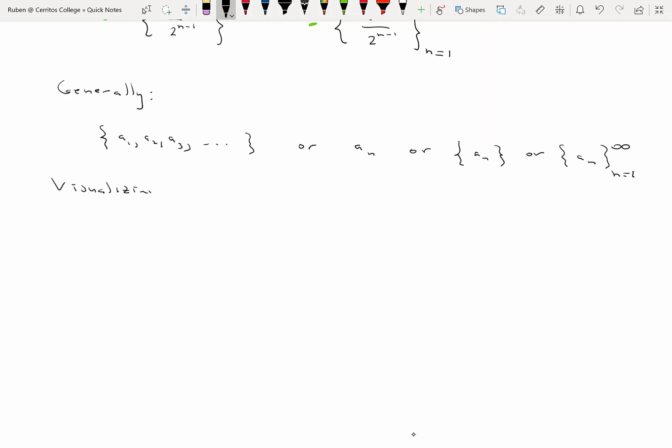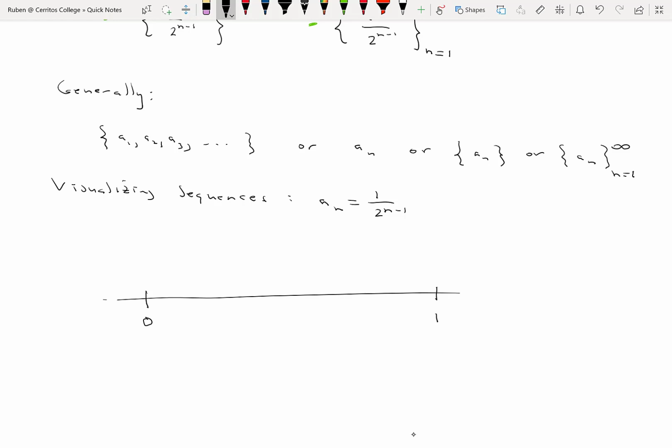Visualizing sequences. One way is to put the terms in the sequence on a number line. So here's a number line, and let's suppose we want to look at the sequence a sub n equals 1 over 2 to the n minus 1. If this is 0 and this is 1 on the number line, we could indicate the first term in the sequence.